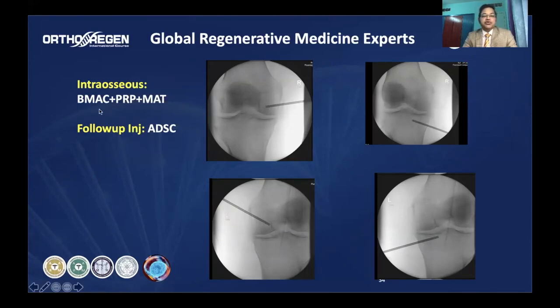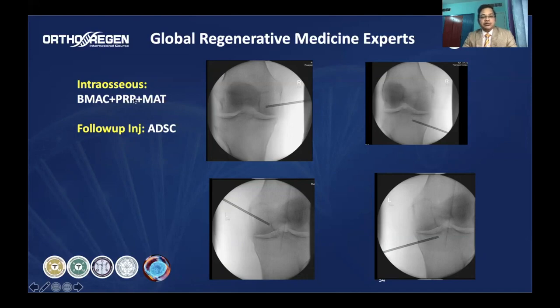Usually, we do a mini liposuction. We take the product, which is around 100 to 120 ml, and then some of that we use as MAT combined with bone marrow concentrate and PRP.